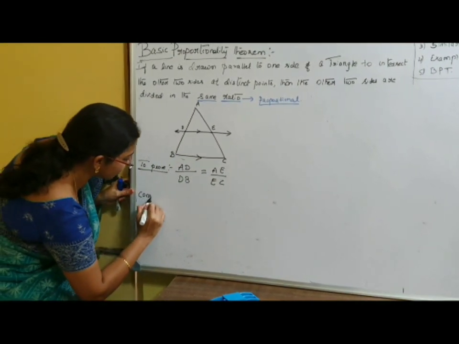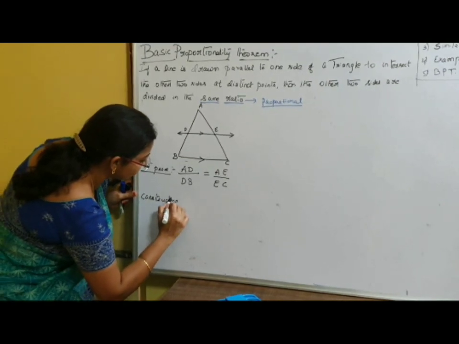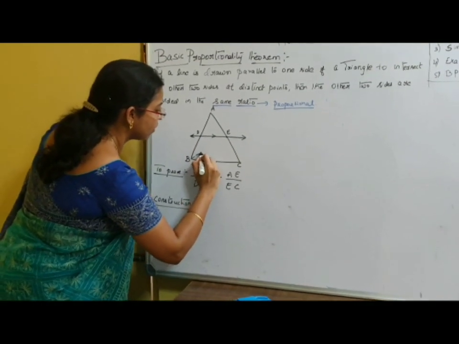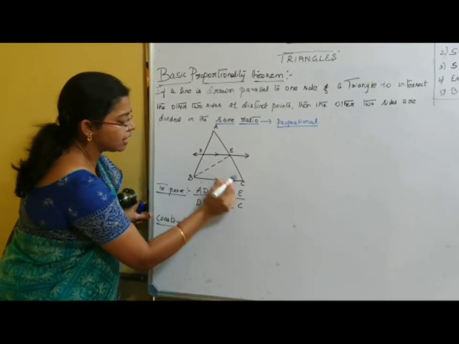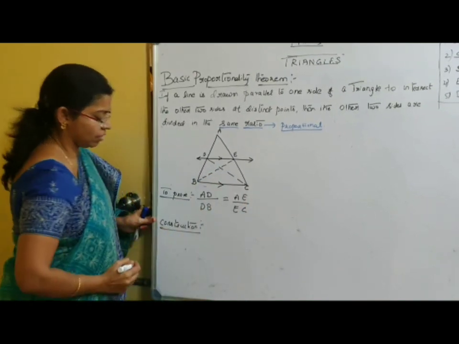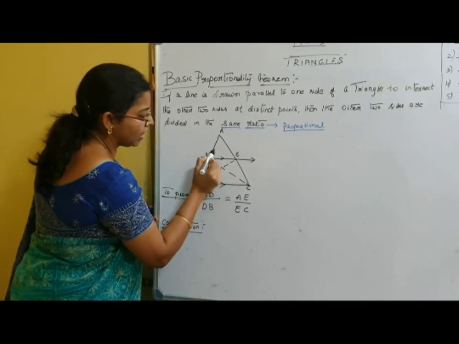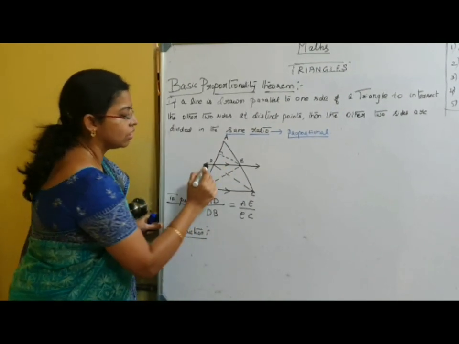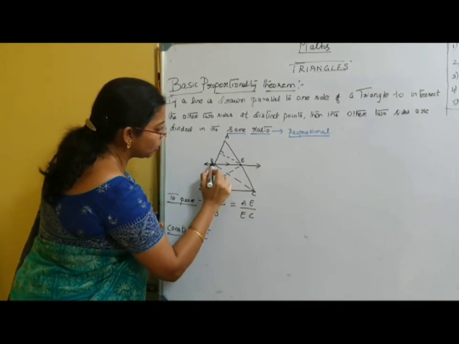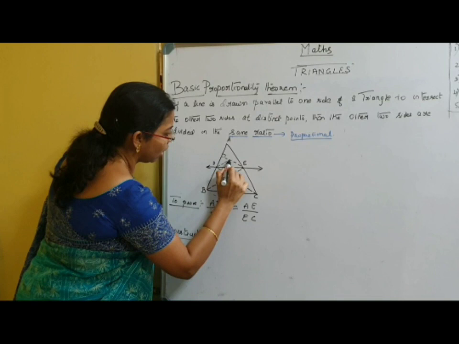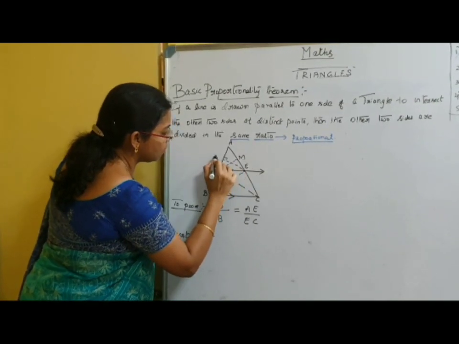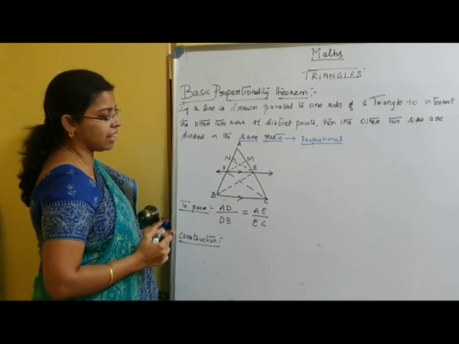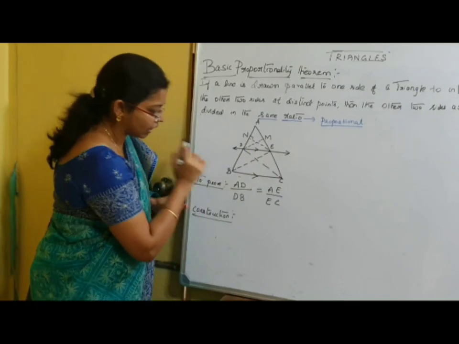We do a small construction here to prove this theorem. That is, we join BE and DC, and then from the point E we drop a perpendicular, and from point D a perpendicular to AC, and we name them M and N. So DN is perpendicular to the line AC, EN is perpendicular to the line AB.